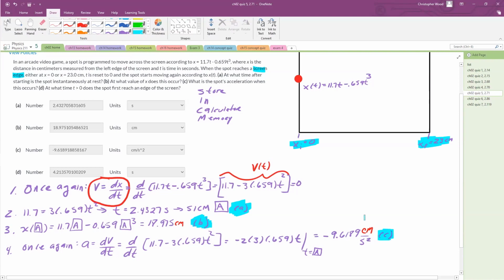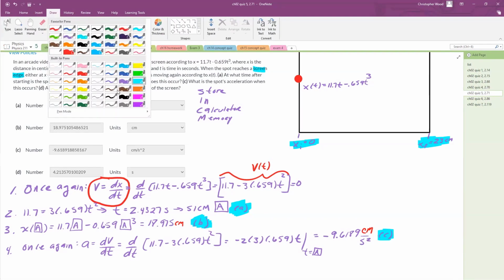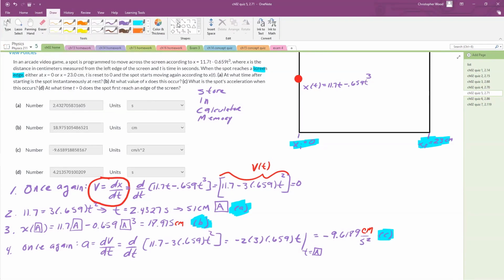And part D is the last step. At what time greater than 0 does the spot first reach a screen edge? Well, let's talk about that, because from part B, I know for a fact that my spot never reached the far right edge.